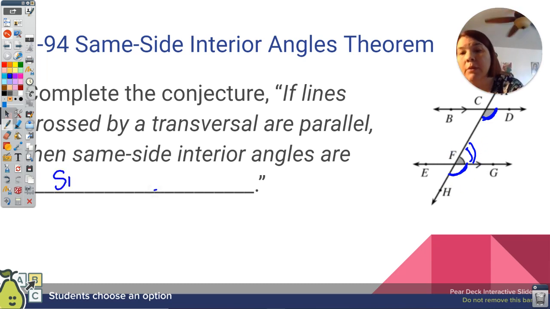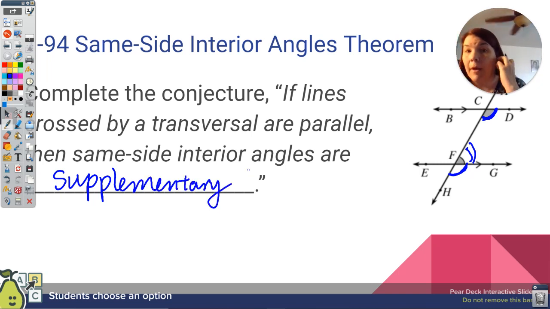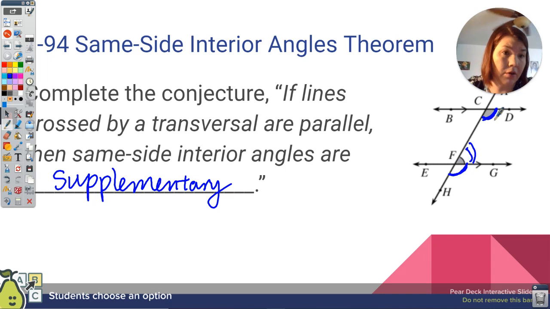And so I think they're supplementary. Okay, so my assumption is supplementary. And again, I could also use that one's acute and one's obtuse, and therefore they're not going to be congruent. So I'm going to guess supplementary. And that's always a good option for you.